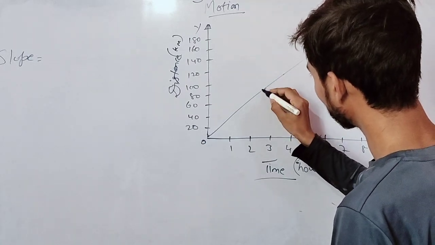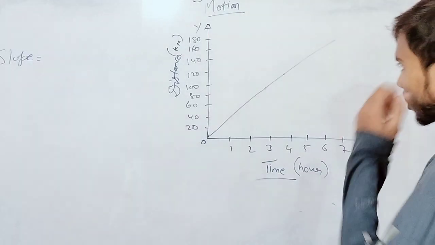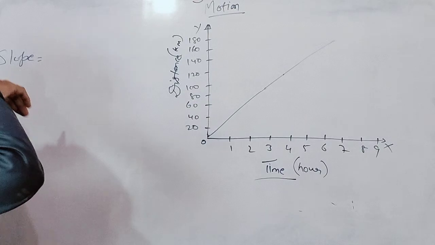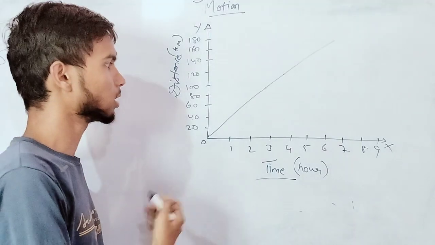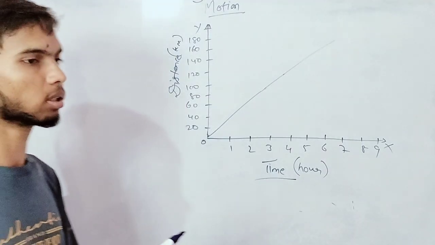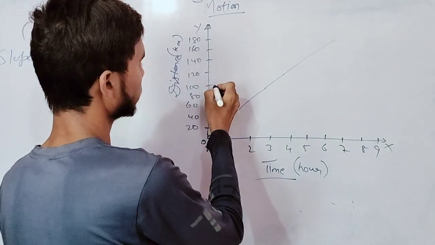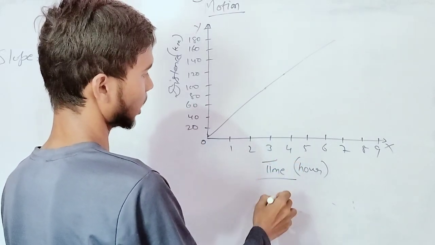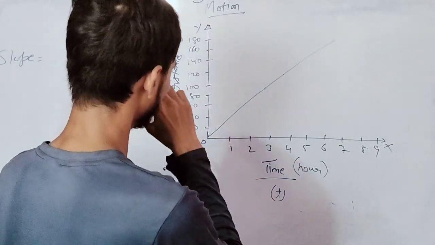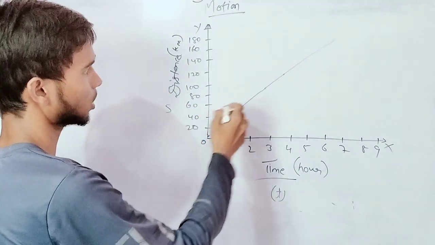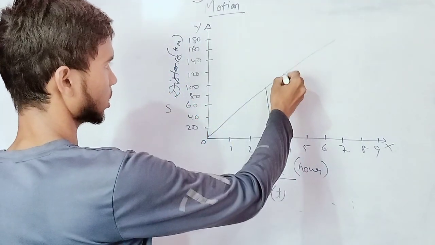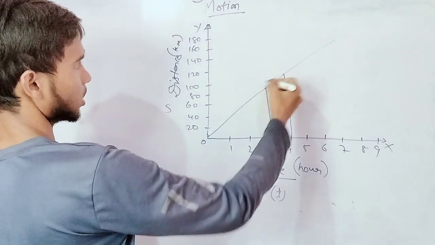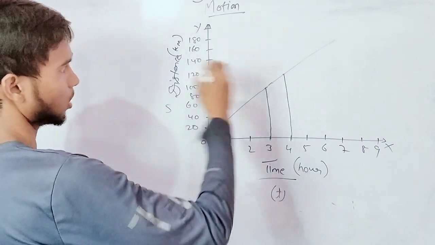To find out the slope, it is just the speed for a distance-time graph. Here, slope is just the speed. Here, we will take this distance and the time. As you know, time is represented by the letter t, and distance is represented by s. So here, we want to know what this slope is.